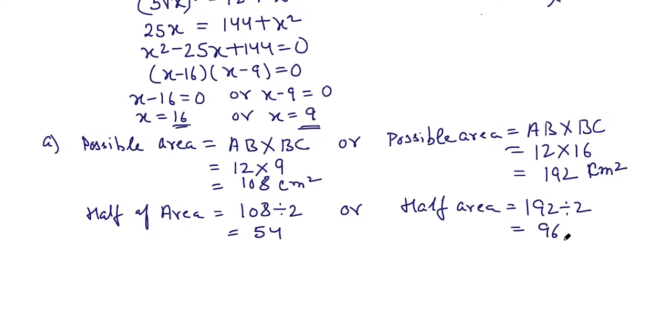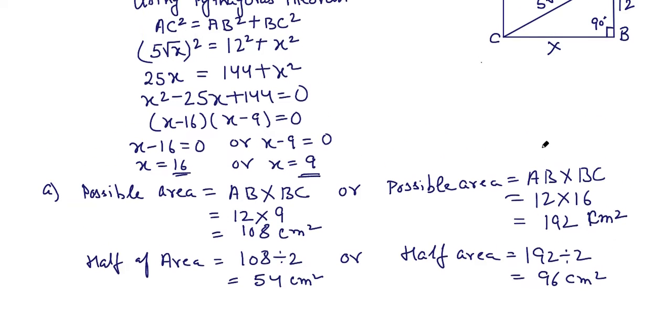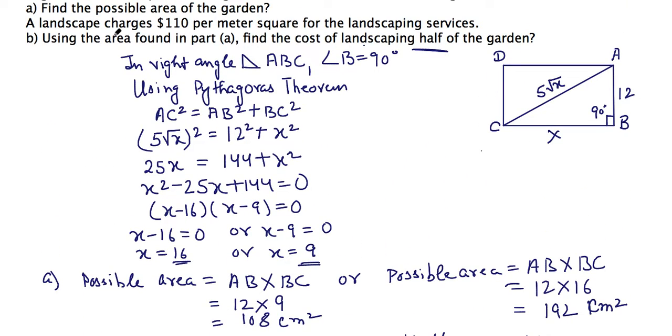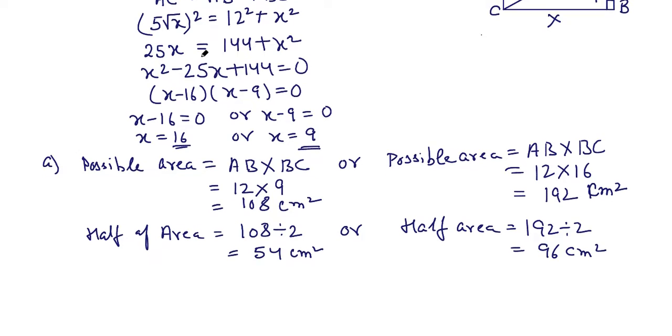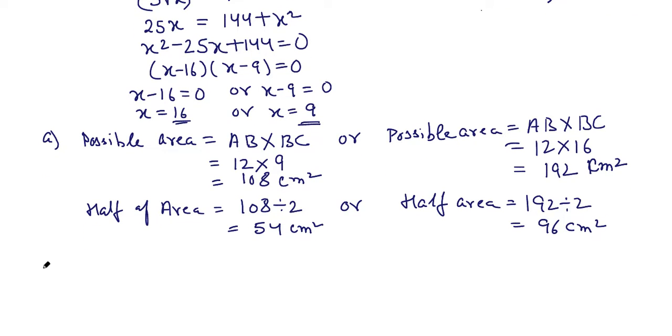Now the half of the area of the garden can be either 54 meter square or 96 meter square, and we know that the cost of landscaping 1 meter square is 110. From here we can easily calculate the cost of landscaping.